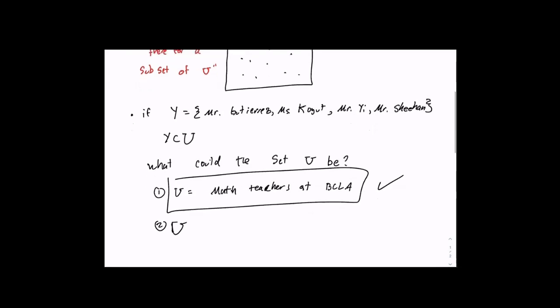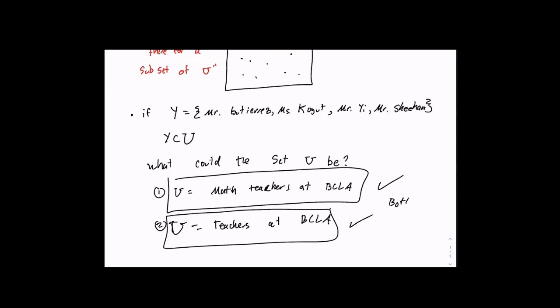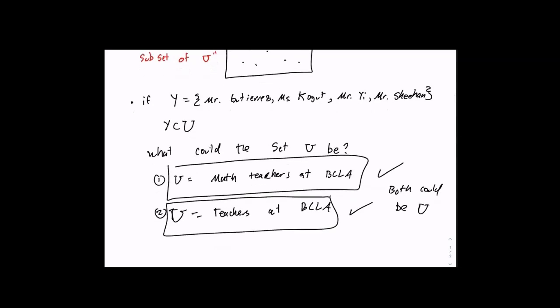Or we could just say the universal set could be teachers at BCLA. My point here is that both could be correct. So there's no right or wrong if I ask the question this way.